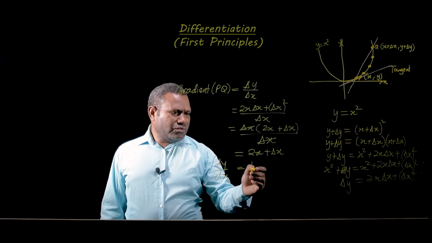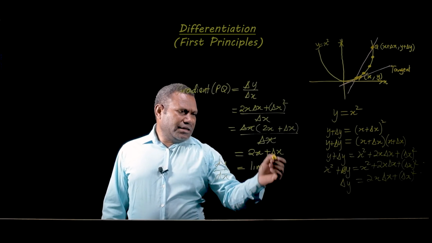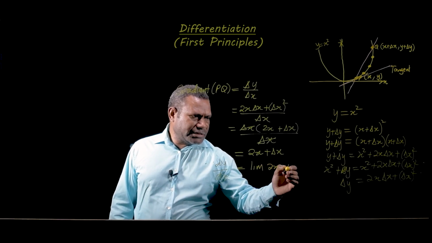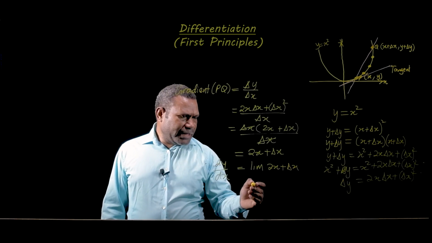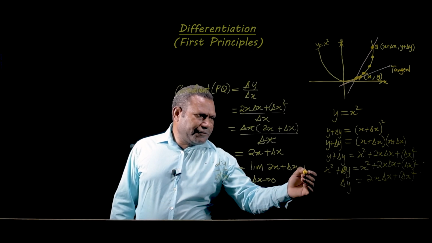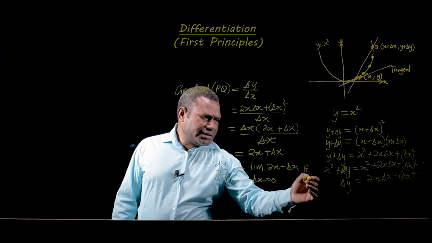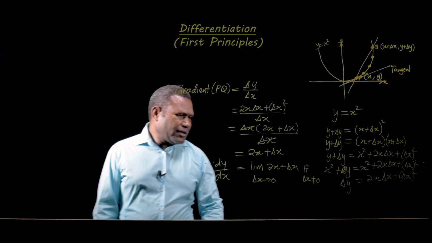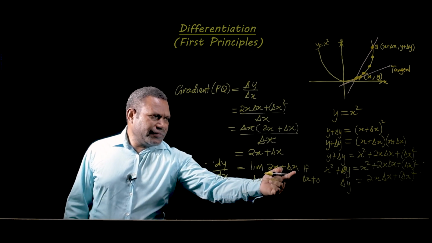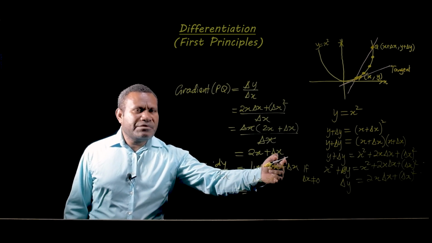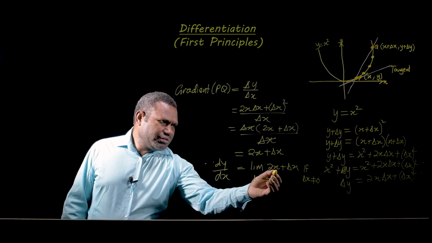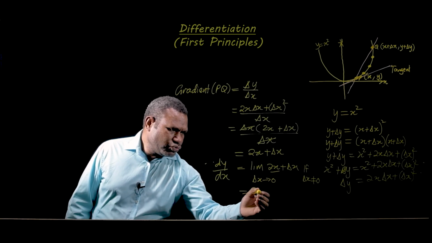It is the same as taking the limit of 2x plus delta x as delta x approaches 0. If delta x is not equal to 0, when we take the limit it will approach 0 and become insignificant. It will be like 0, so we are only left with the expression 2x.